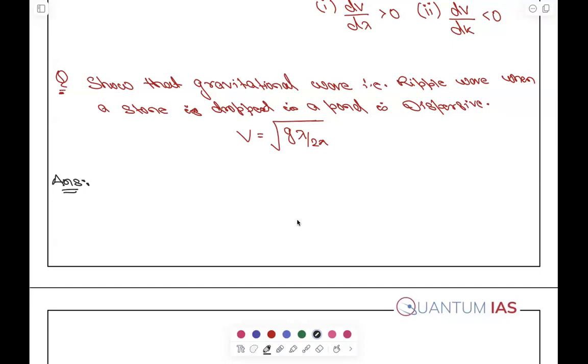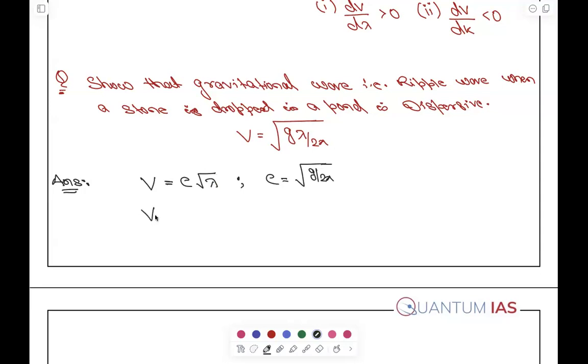So let's say V is equal to C root lambda, where C is equal to root of g by 2 pi. Okay, now understand one thing. When you are solving questions of group velocity and phase velocity, when you have lots of differentiation and integration, in other topics also, just simplify your thing. You need lambda dv by d lambda.